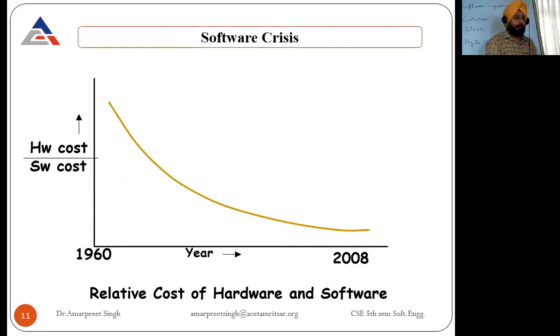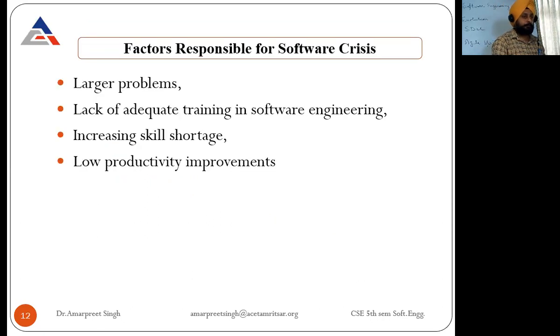So just see the relation between the cost of software and hardware. It sometimes leads to software crisis because the cost of software becomes very high compared to hardware. The factors responsible for software crisis are, first, larger problems: there is now a requirement for larger software products, and if we do not follow software engineering principles, it will result in software crisis.